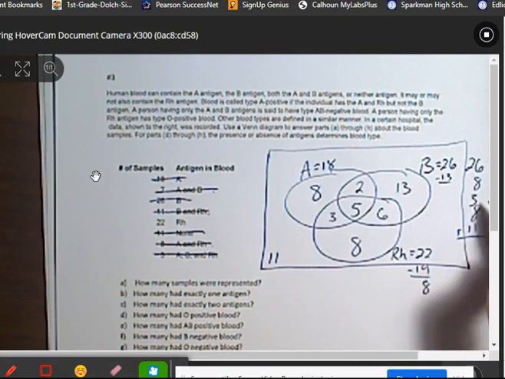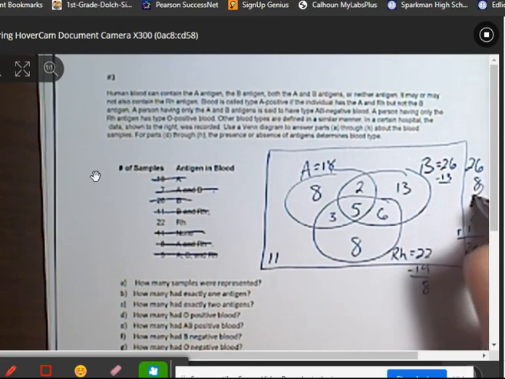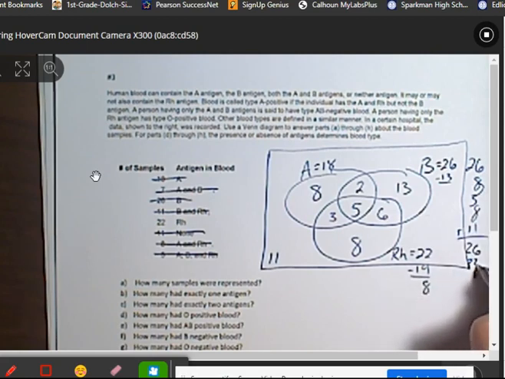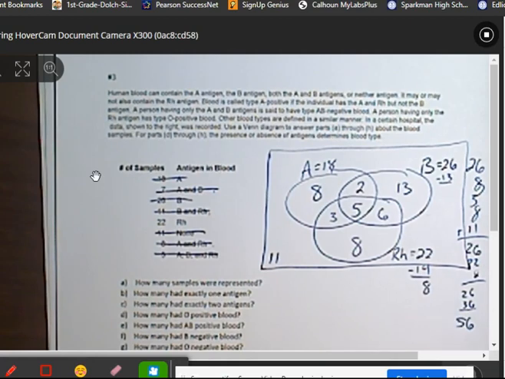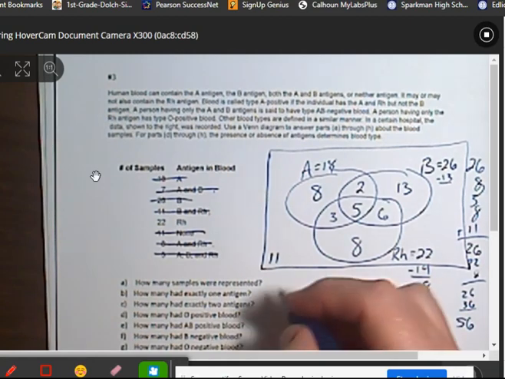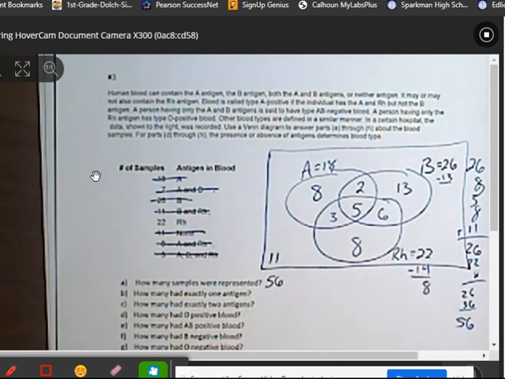Okay, so that's 11, 11, that's 22, plus the 8 that was here, so that's 30. So that's 26 plus 30. So that should be 56 total samples that were taken overall.